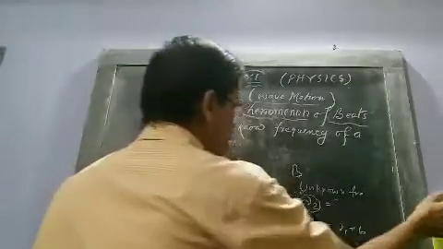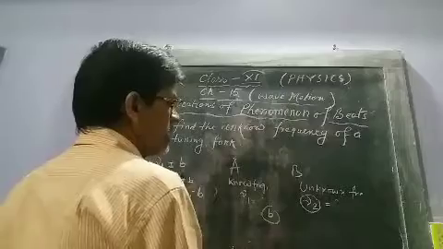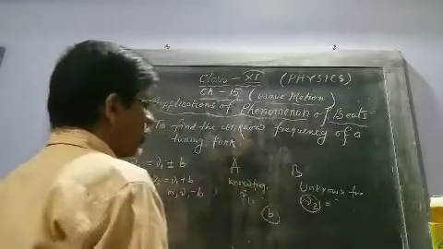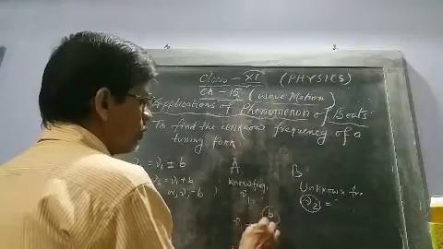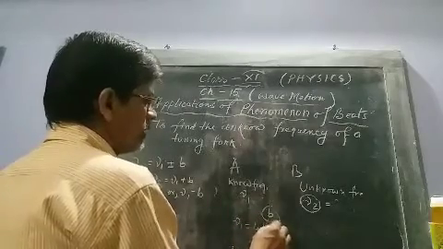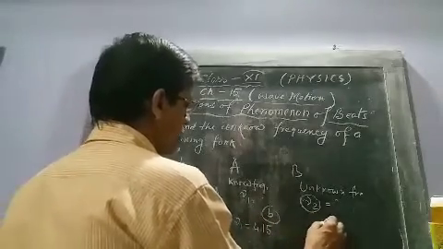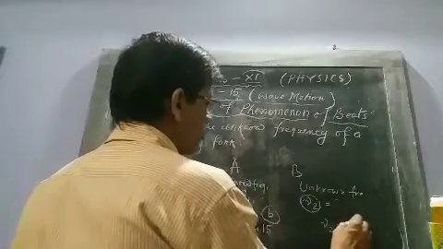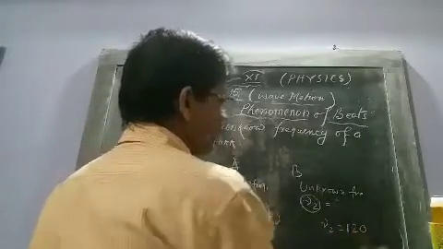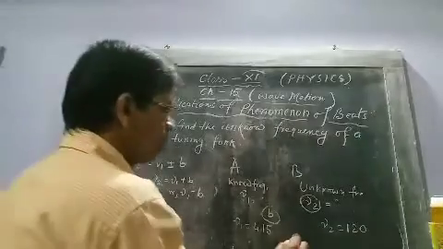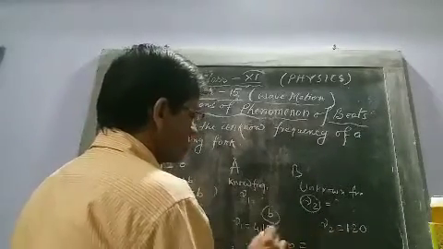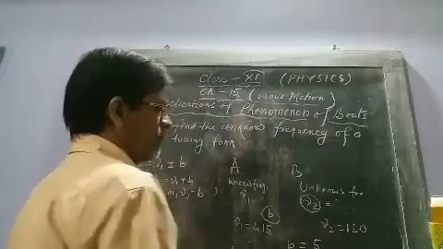For example, say nu1 is 415 and nu2 is more than this, nu2 is 420. Now it is filed, and now what is the beat? The beat is the difference, which is 5.